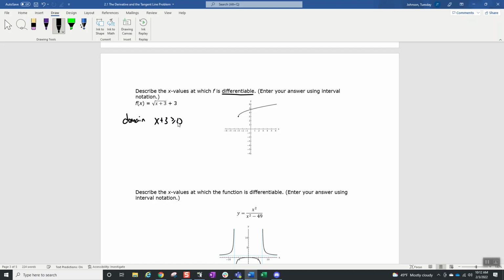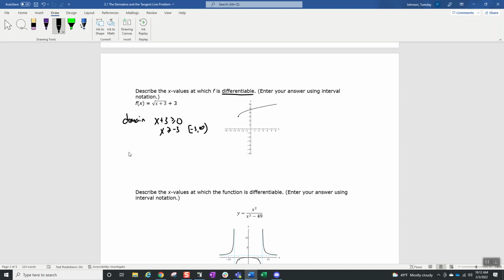Because we have a radical and it's not in the denominator, we know that x plus 3, the radicand, has to be greater than or equal to 0. So we find that we have negative 3 to infinity. Just a reminder, if there's an equal sign, you use the brackets. If there's no equal sign, hint hint, problem in section 1.4, you use round brackets, parentheses. Okay, so this is the domain.